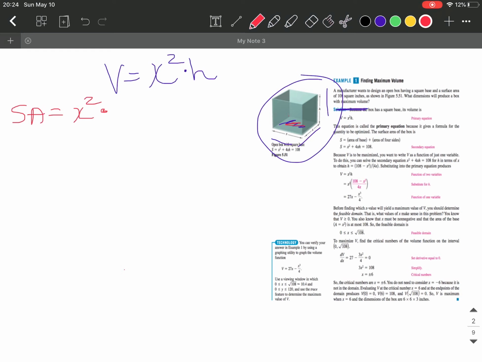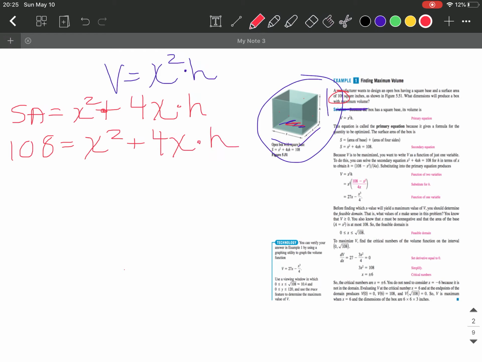And we have 4 lateral faces, which are x times h. So it's plus 4x times h. And they give me the surface area to be 108. So I make 108 equals x squared plus 4xh.